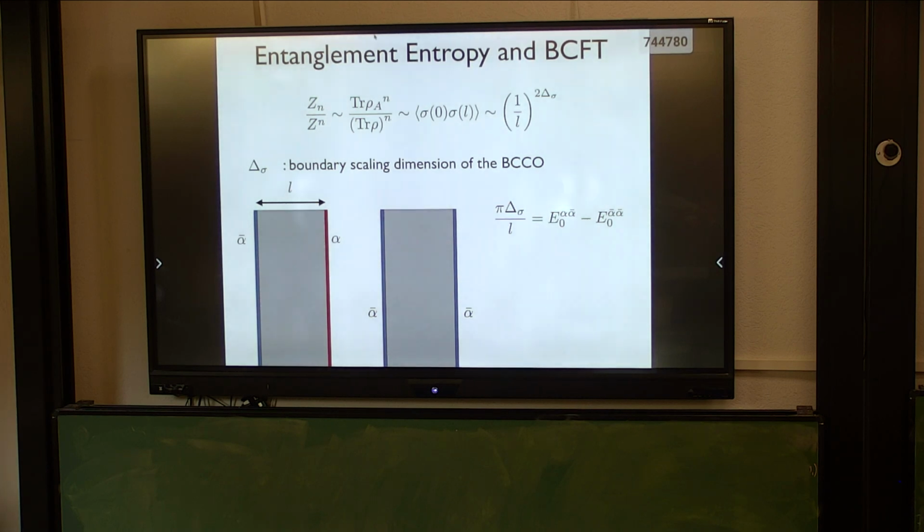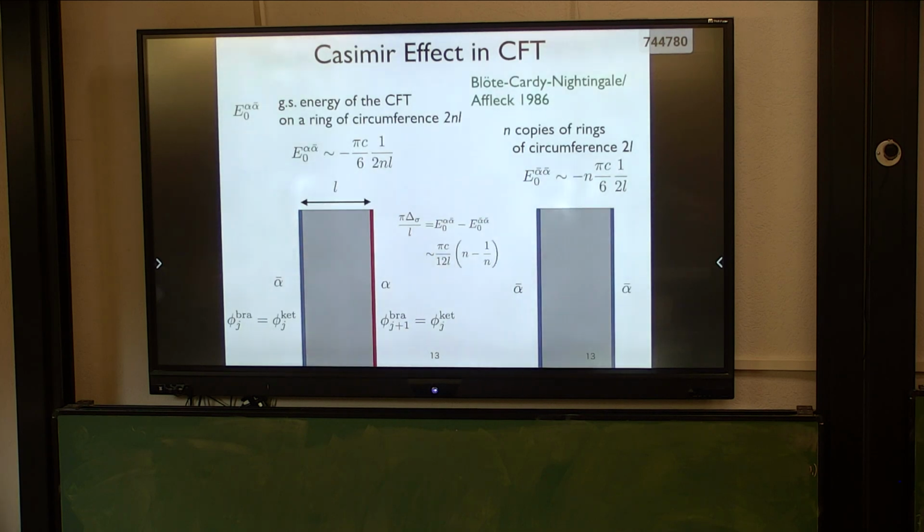Once you compute the ground state energy for these two combinations, by the way, this ground state means that I consider time evolution in the vertical direction, which is generated by the Hamiltonian. And then we can study the ground state for each pair of boundary conditions. In our particular case, for this boundary condition alpha bar outside the region, bra and ket are connected within the same replica because I take a partial trace before introducing the replicas.